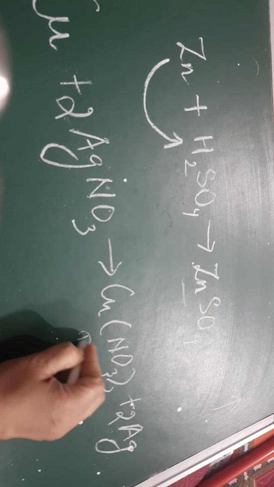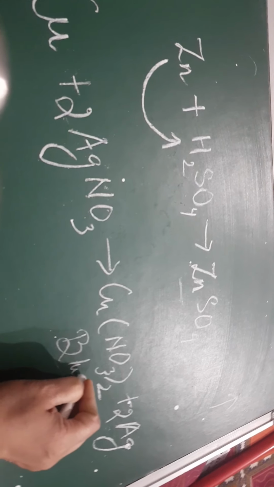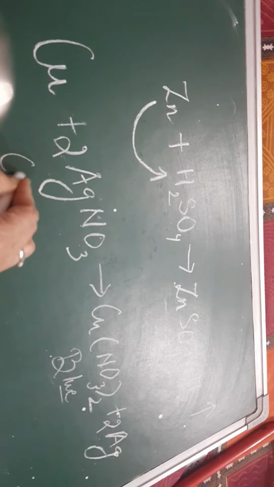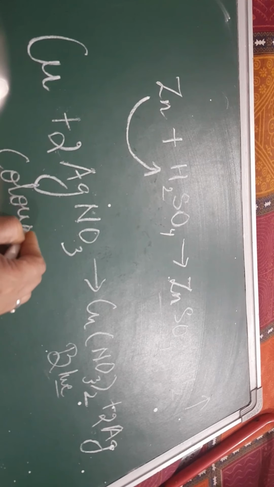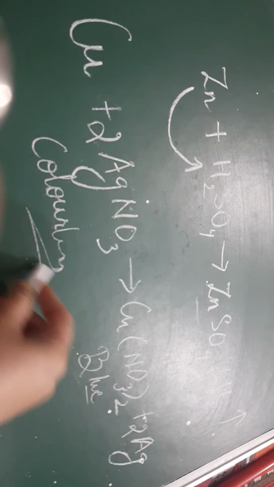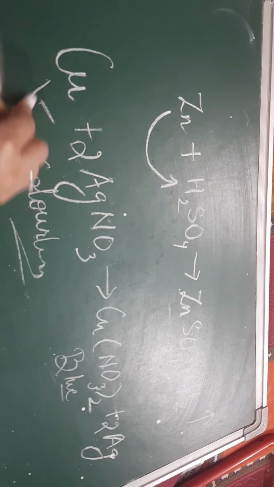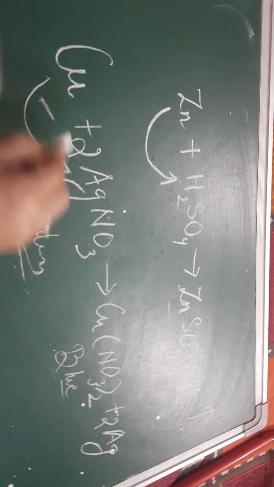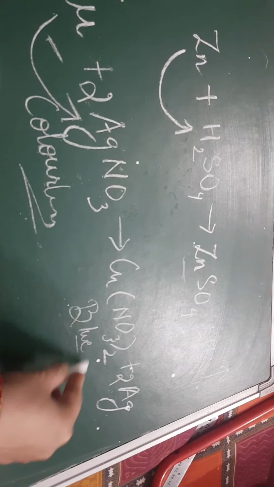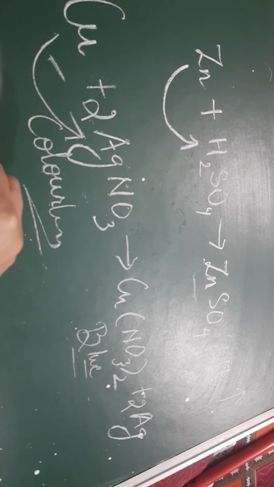Copper nitrate is blue in color, so here also color changes. Silver nitrate is colorless. So here also color changes from colorless to blue. Copper is more reactive, so copper is displacing silver. From silver nitrate we are getting copper nitrate and silver. So this is also another example of displacement reaction.